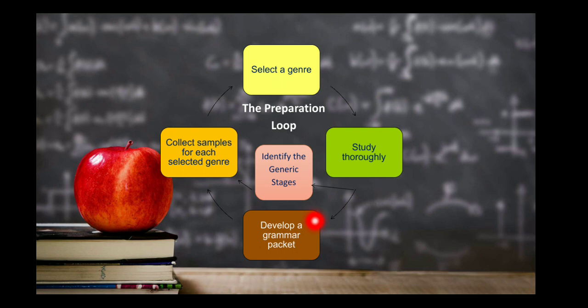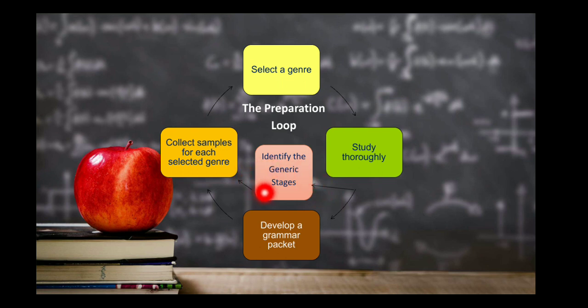For example, in story writing, you will have the past tense, you will have the direct speech, you will have descriptive elements as well. So you will see what kind of language is used. Mainly past tense is used in a story, and dialogues are used.